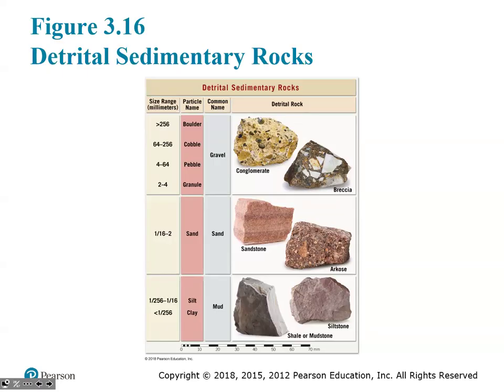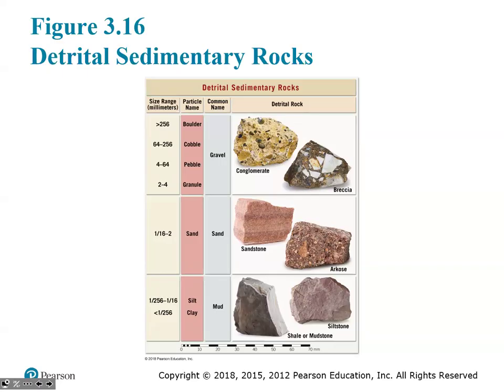These are all considered gravel, but if it's over 256 millimeters, it's a boulder. That's 25.6 centimeters, a little bit less than a foot. If it's 64 to 256 millimeters, it's a cobble.